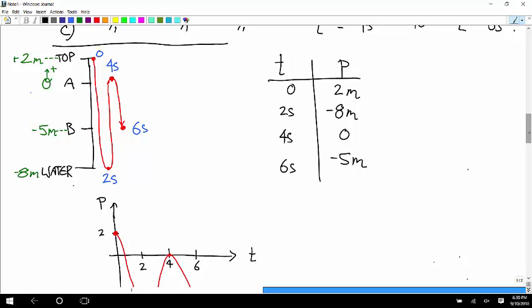For this interval, the person starts up here and ends up down here. It's 5 meters between those 2 points, so we expect the absolute value to be 5. And does the person go in the positive or negative direction? Negative. So we expect that answer to be -5. And that's what we're going to get when we subtract.